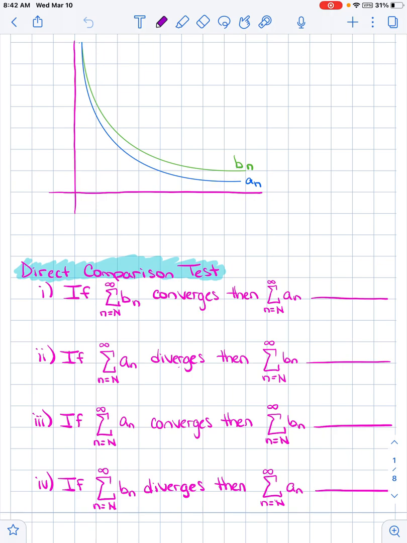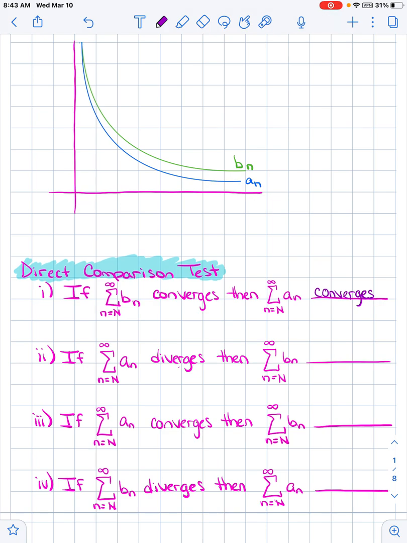If that's true, then a sub n has to also approach the x-axis fast enough to find the sum of that series. So if b sub n is approaching the x-axis fast enough, a sub n has to as well, because that function, that series, is approaching the x-axis even faster. So we know that on this first one, this will always also converge.